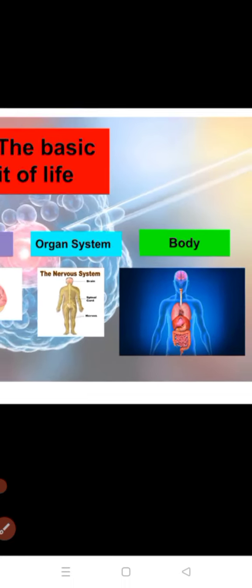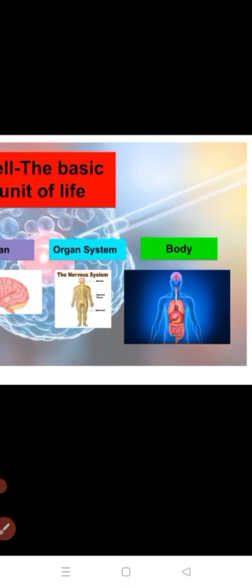Students, the way the book has a structural organization, in the same way our body too has a structural organization. Let's see what the structural organization of a body is. Students, our body is made up of many organ systems. Organ systems are made from organs.